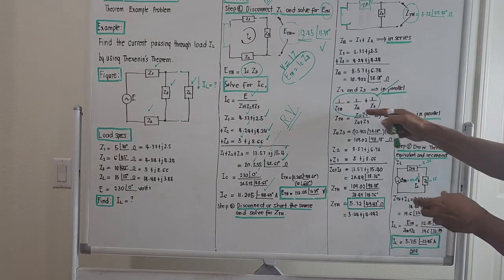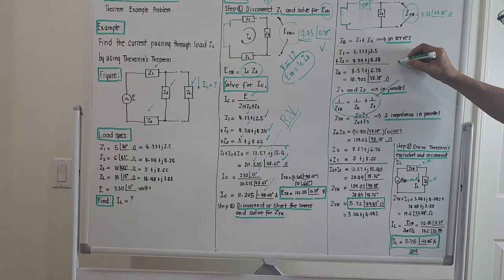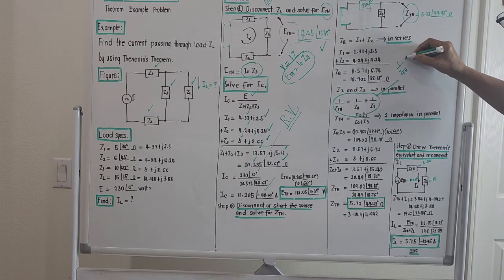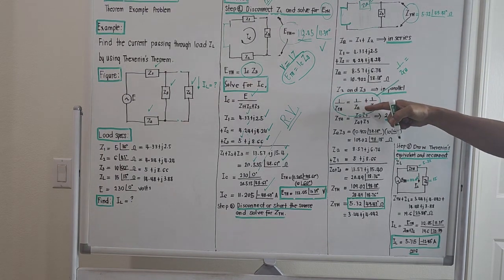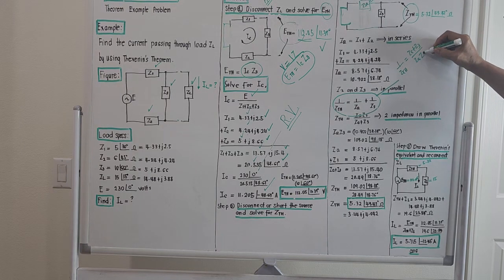And if we try to convert this one, for parallel impedances which are only two, CTH, if we try to simplify this, the fraction is different. So this should be CA plus C3 over CA times C3.